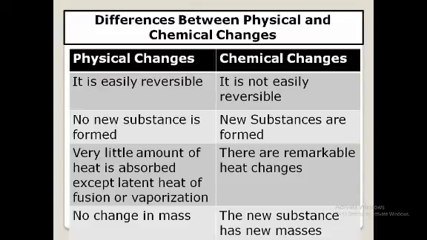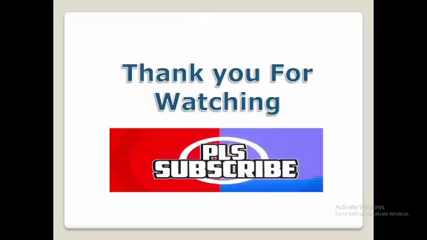Very little heat is absorbed in physical change, whereas a remarkable heat change occurs in chemical change. There is no change in mass for physical change. New substances possess new masses for chemical changes.